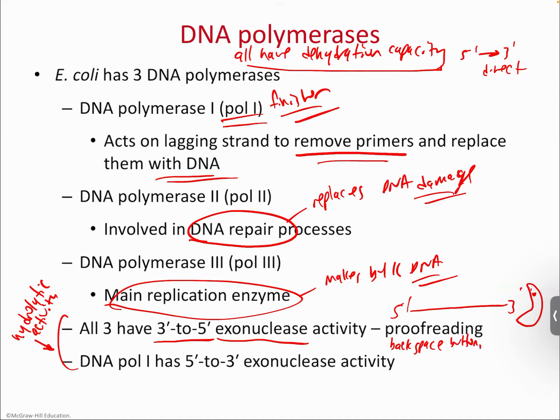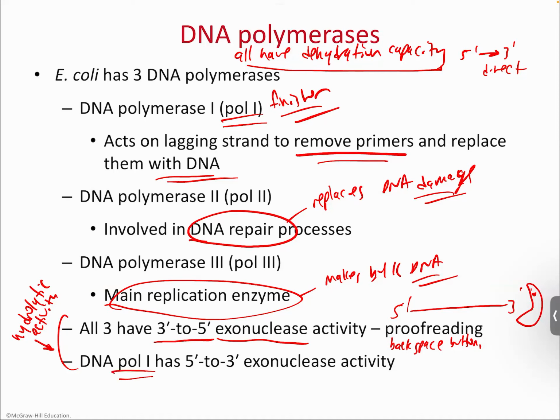If you're typing an email and you flub up the word "the," which for some reason I just cannot get right the first time around, what do you do? You hit the backspace button and retype it. That's exactly what this activity is. If you flub up a match or mismatch, you catch it, use your exonuclease activity to backspace, and then relay it down.